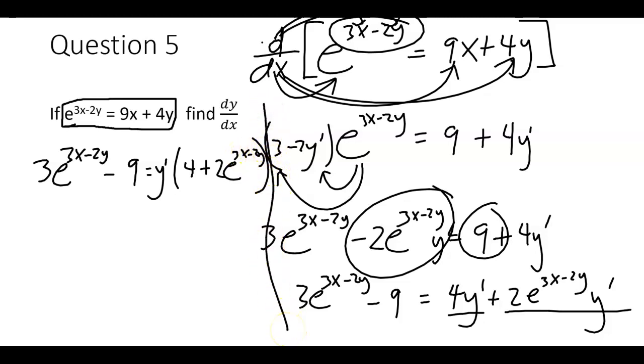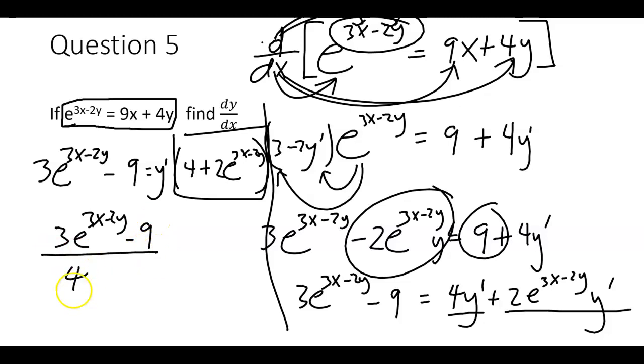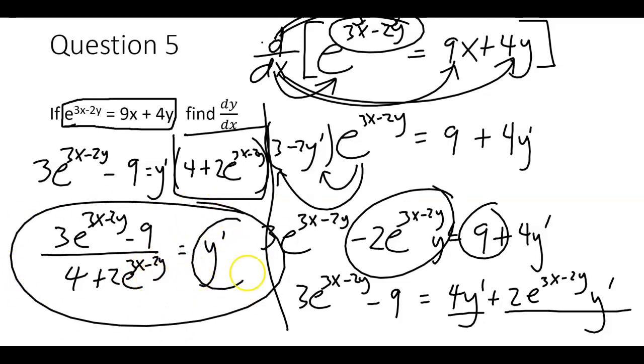Yeah, just barely got it in there. All right. Last thing I'm going to do is I just want to divide this to the other side, and we end up with the following. And there's our answer. Y prime is another way of writing dy dx, so that would be our final answer.